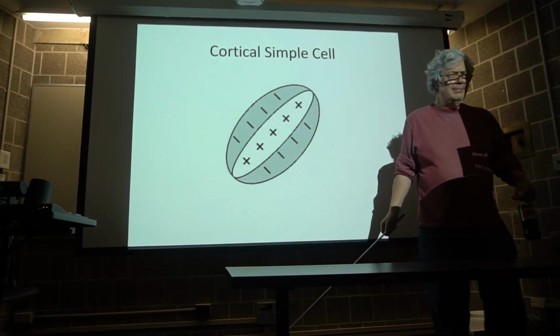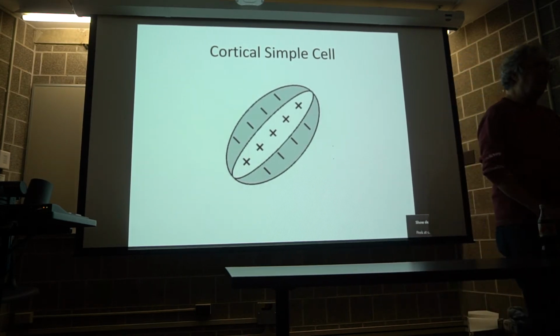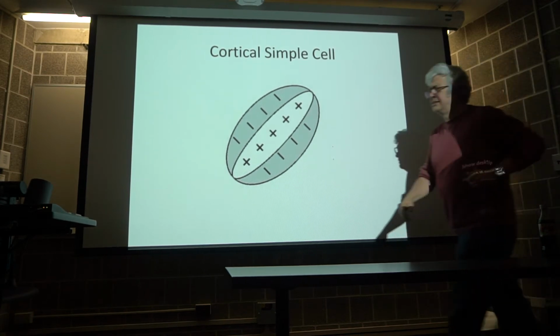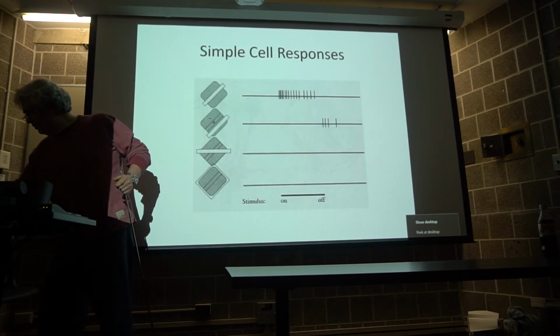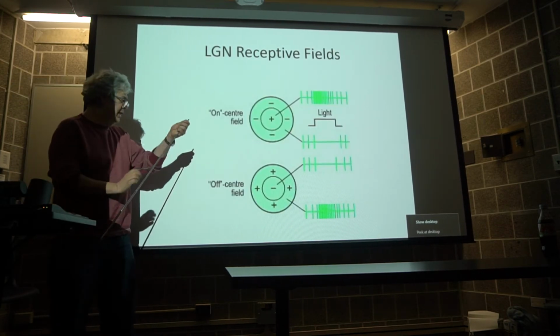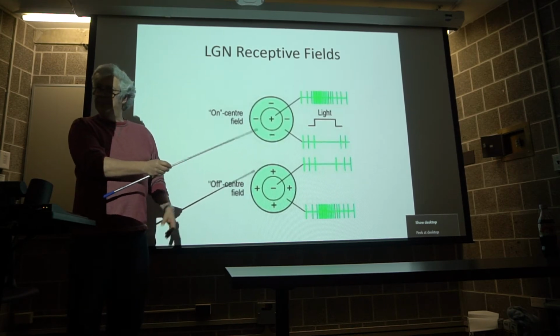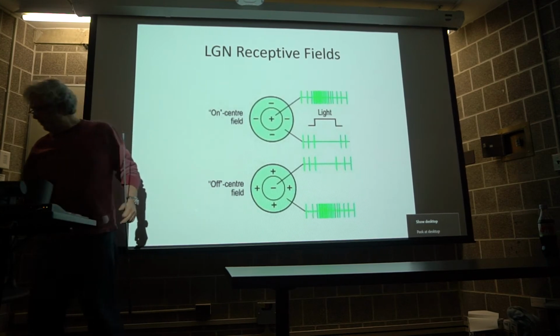Now that might not seem like a super big difference, but let us think, ladies and gentlemen, about what the optimal stimulus for exciting this. What's the best stimulus for exciting an on-center LGN cell? It would be a dot of light that just fills it, correct? What's the best stimulus for inhibiting it? It would be a round ring of light that just surrounds it.